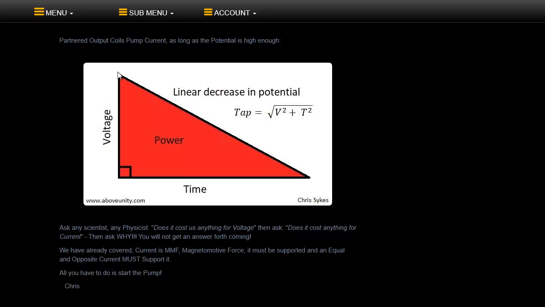So when we have a large potential, okay, large voltage, then if we were to drop 2 magnetic fields together, a good analogy for this is dropping the neodymium magnet through the copper tube. If we drop it down, we're going to see a linear decay of the magnet over time.